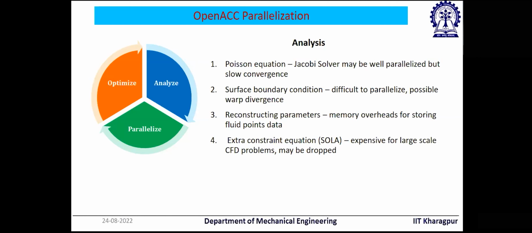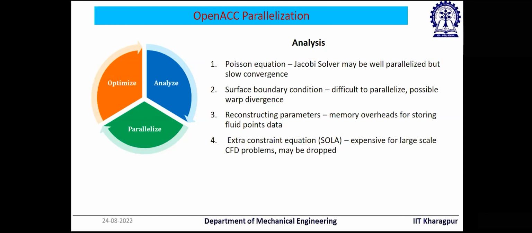So we encounter a lot of if-else statements, and that can lead to warp divergence. Also the reconstruction parameters, the weight functions for the interpolation, need to be stored, which gives memory overheads in storing the fluid points data, updating the data, and copying it back to the GPU from the CPU, which takes a substantial amount of time.